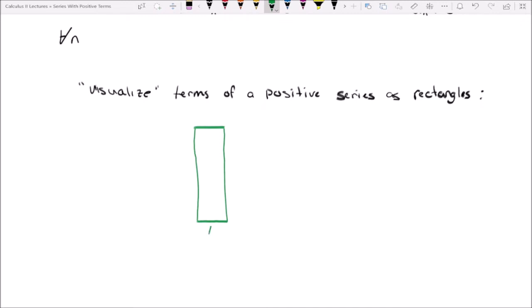So it has a width of 1 and a height, let's say, of a sub n. So that's the nth. I'll just use the lowercase n.